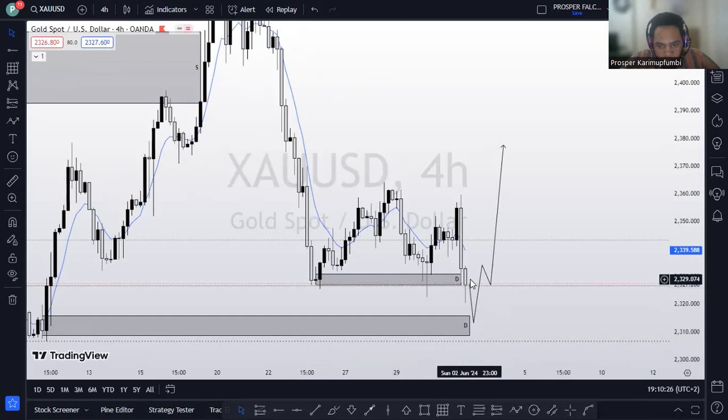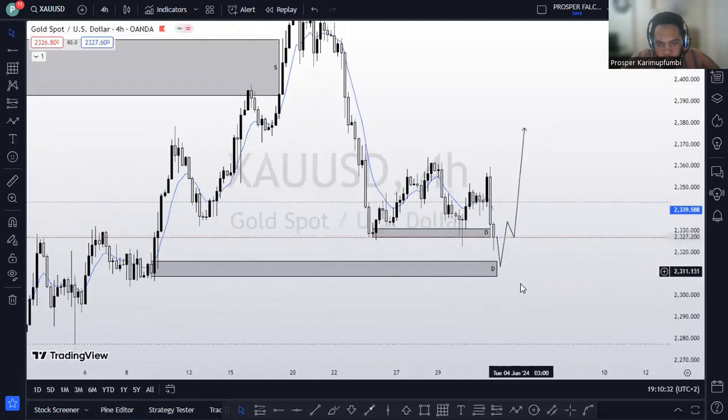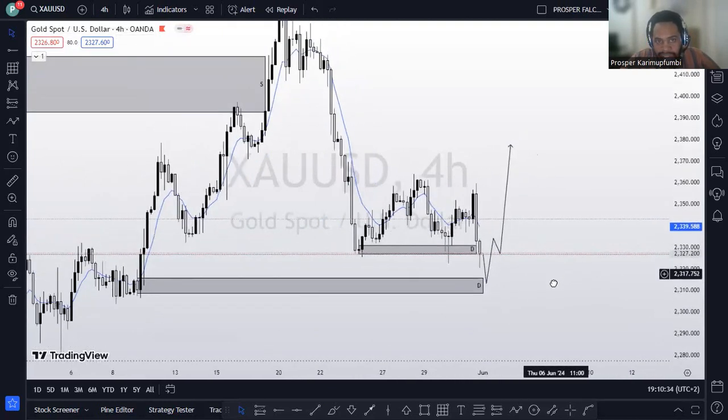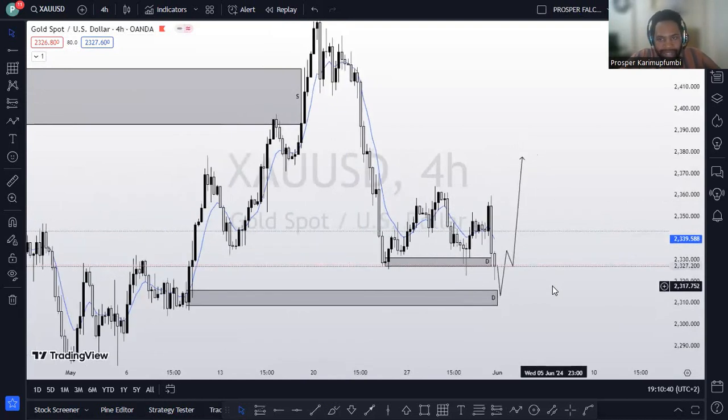So here's the thing. More sellers are going to be expecting gold to keep on pushing further to the downside, which is actually possible, because if you are looking at the market mechanics, I'm just going to be paying attention to what structures are being created by this asset. But the smart money might actually want to trap more sellers and also buyers here, because you can see a rejection.